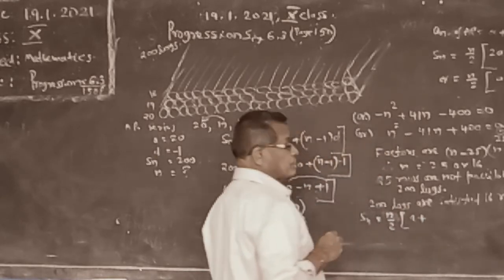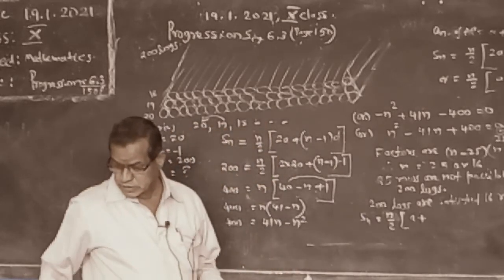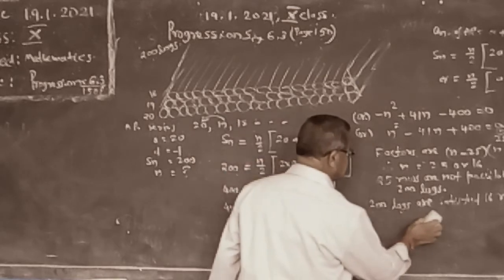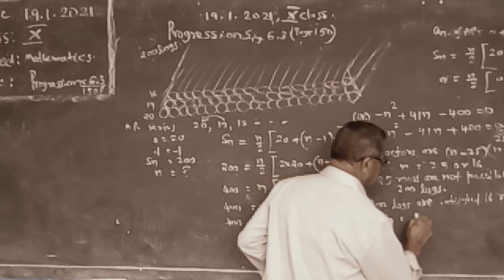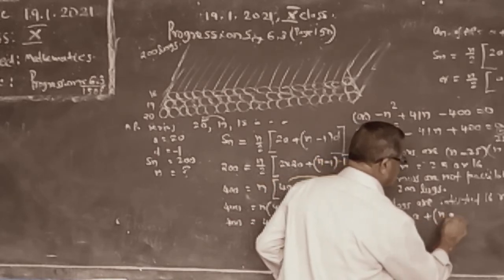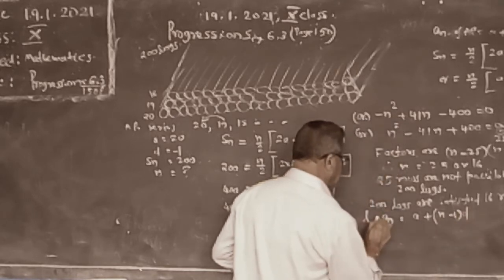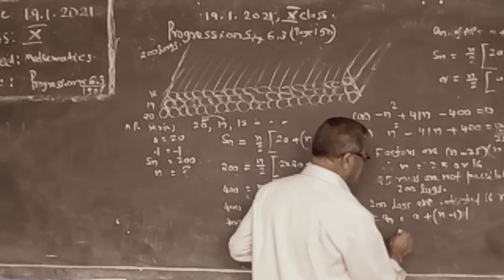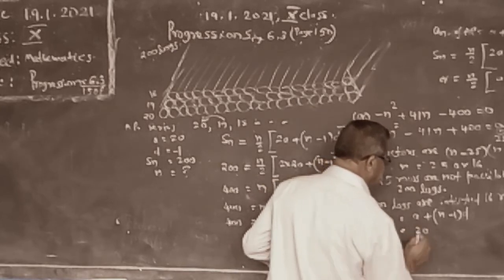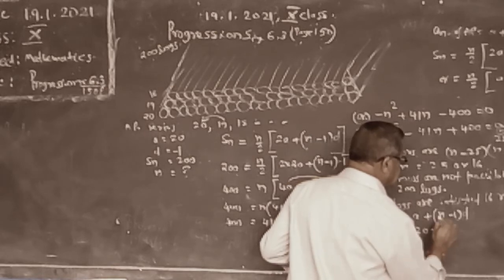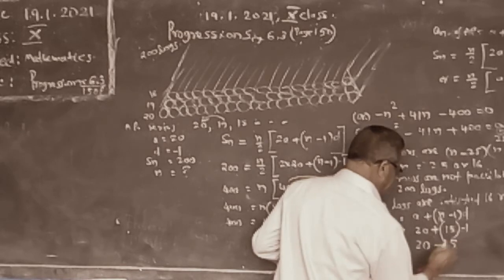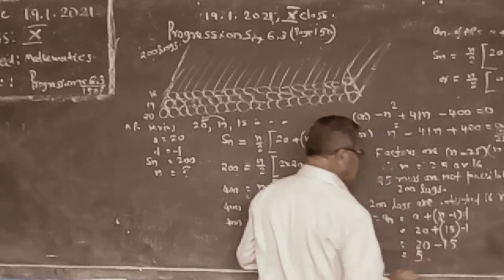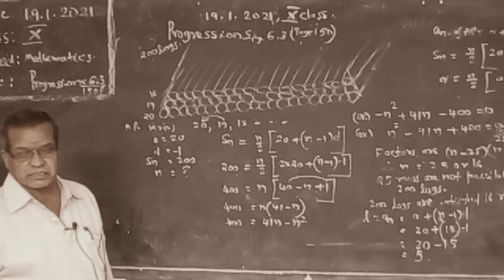We want the number of logs in the last row, so let us find an. an is equal to a plus n minus 1 of d. a is 20, n is 16, 16 minus 1 is 15, d is minus 1. So 20 minus 15, the number of logs in the last row is 5.